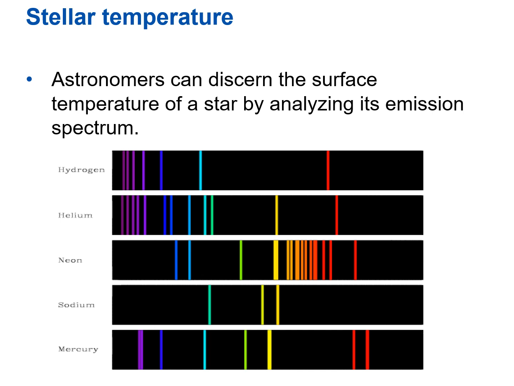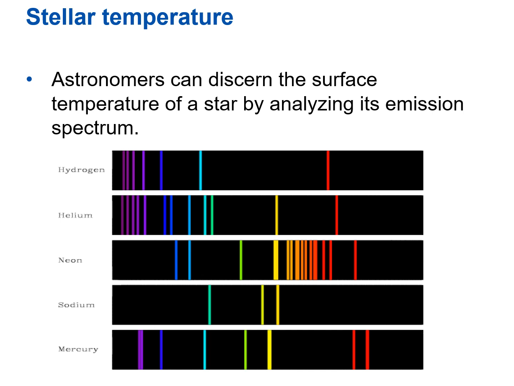Astronomers can discern the surface temperature of a star by analyzing its emission spectrum. Remember back to chapter 5, you learned about how atoms behave when the electrons get hopped up to higher energy levels, then they fall down, they give off certain discrete frequencies of light, and those frequencies depend on what element it is.